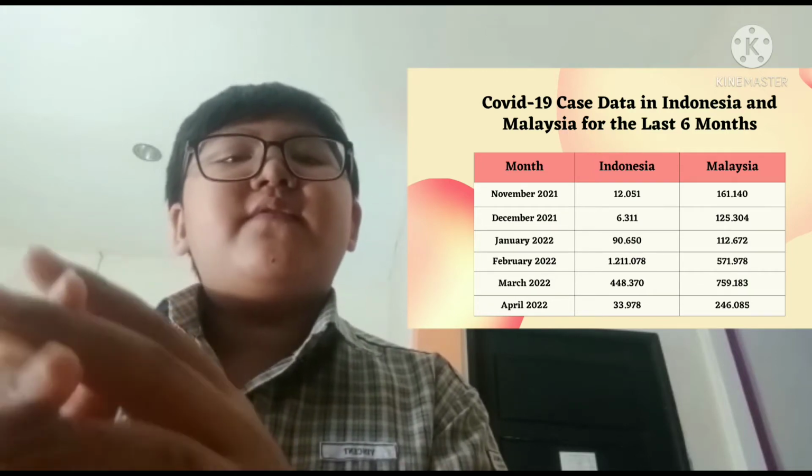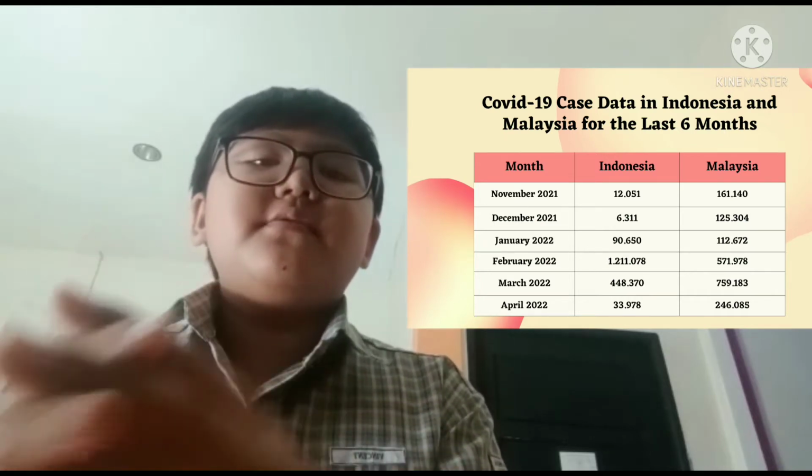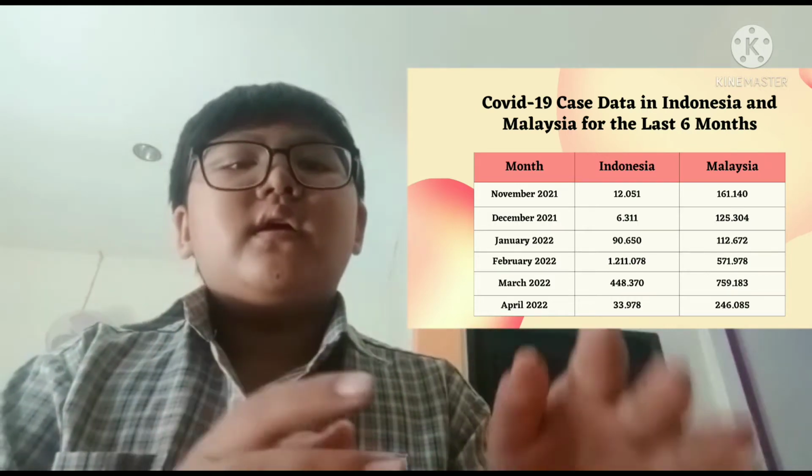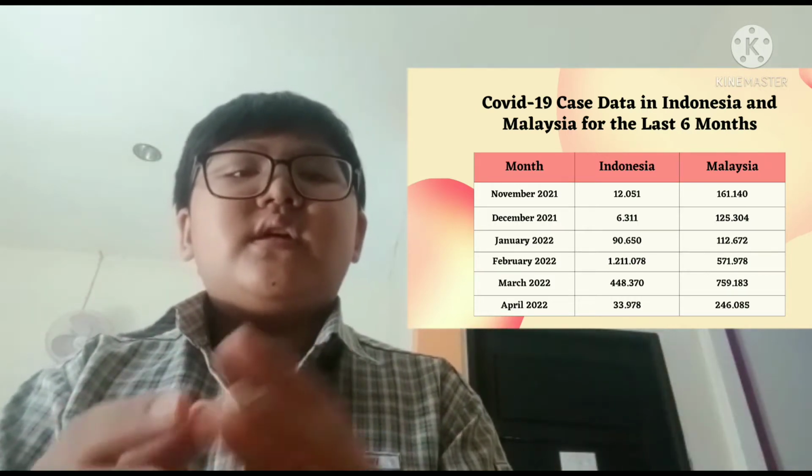In November, the cases in Malaysia reached over 161,140 cases. In December, the cases decreased to 125,304 cases. In January, the cases decreased to 112,672 cases. In February, the cases increased directly to 571,978 cases.